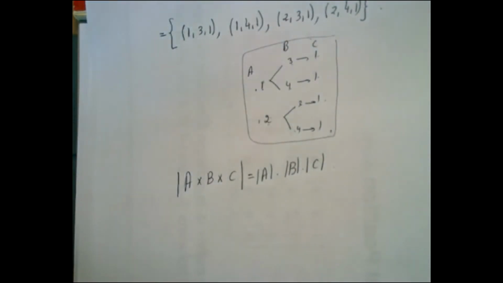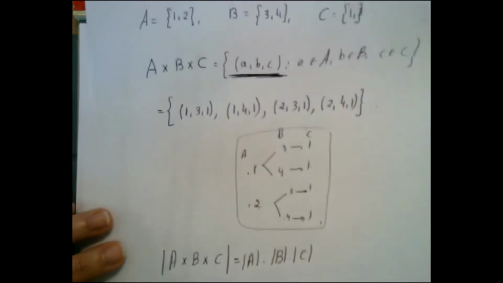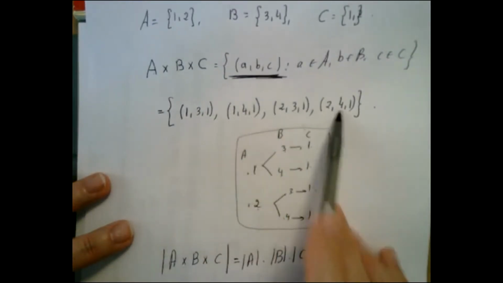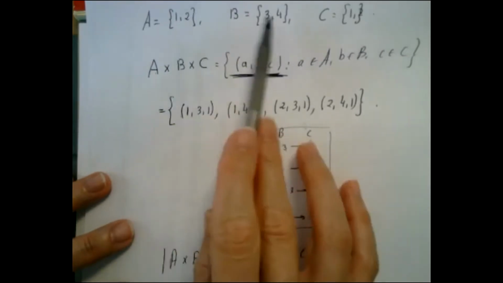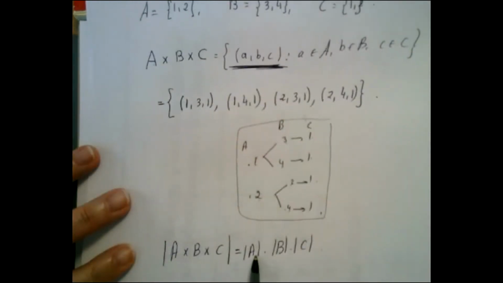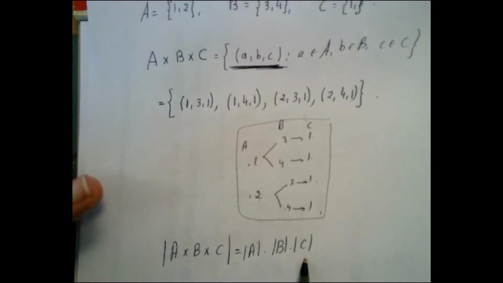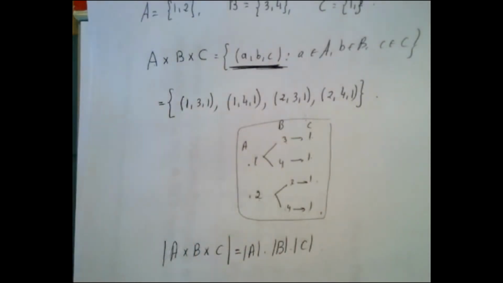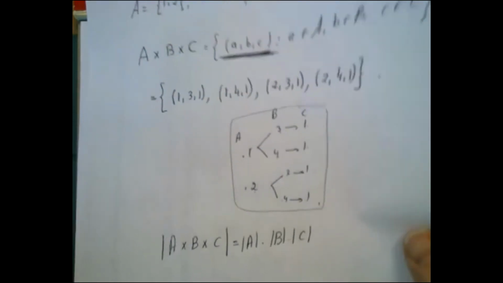In this case, A has 2 elements, B has 2 elements, and C has 1 element, so the cardinality of the product should be 2 times 2, which is 4, times 1, which is 4. We actually got 4 elements. Knowing the cardinality helps us know that we have the correct number of elements, and then we have to make sure we have the correct elements.